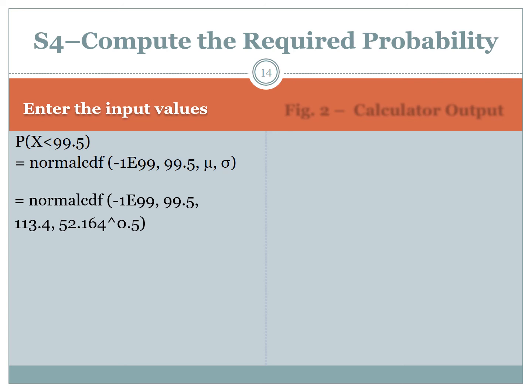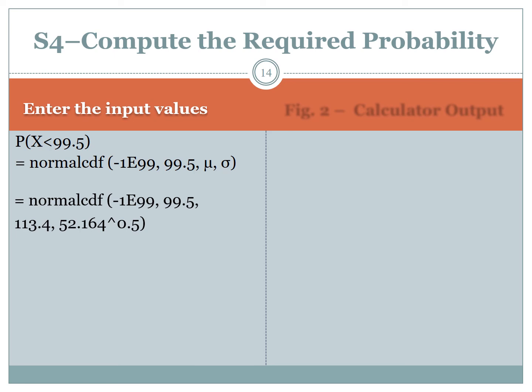Otherwise, it's going to think that you are giving it z-scores, and these are far from z-scores. So it's -1e99, comma 99.5, comma those two values that we've been carrying around, which is 113.4 and the square root of 52.164. This is just another way of writing 52.164 raised to the 0.5.